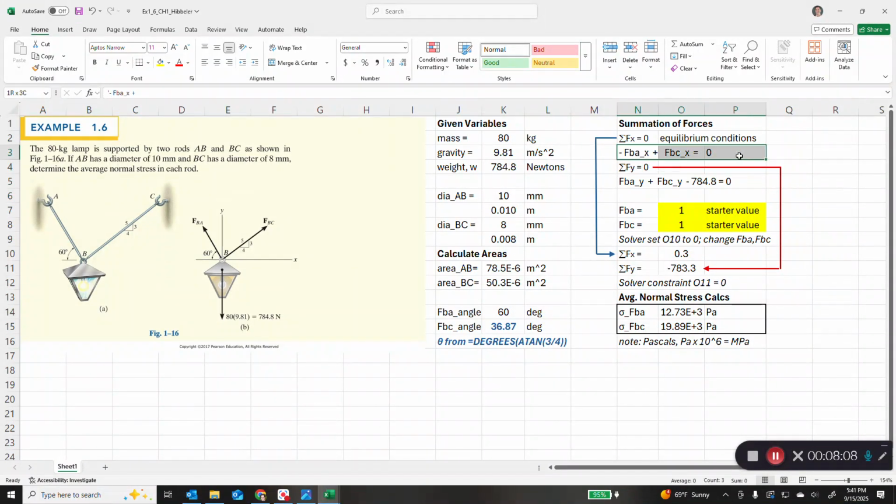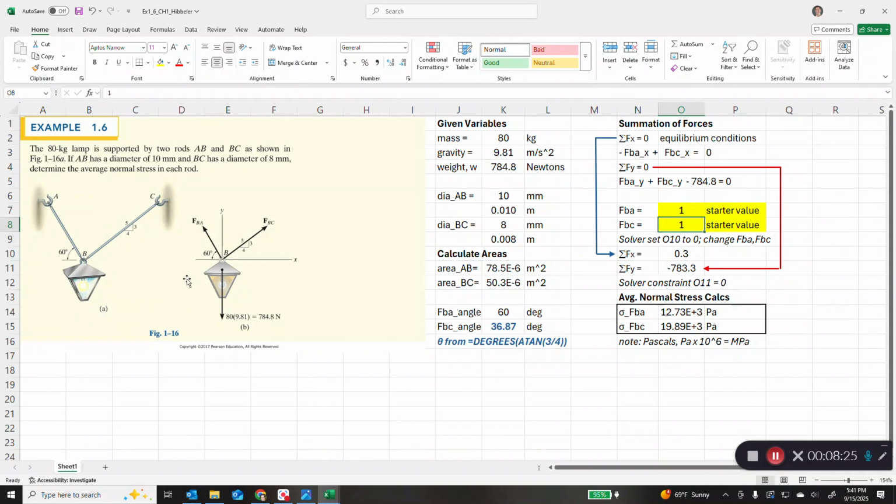So this could be done using a number of approaches, elimination, for example, or it could be done using matrix operations and inverse matrices. But we're going to do it with Excel Solver because we have two unknowns here, FBA and FBC, we don't know what they are.